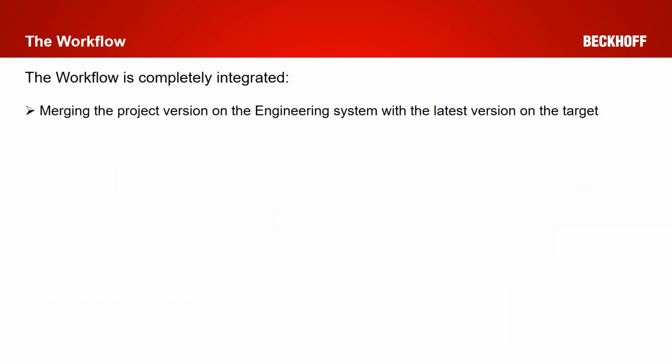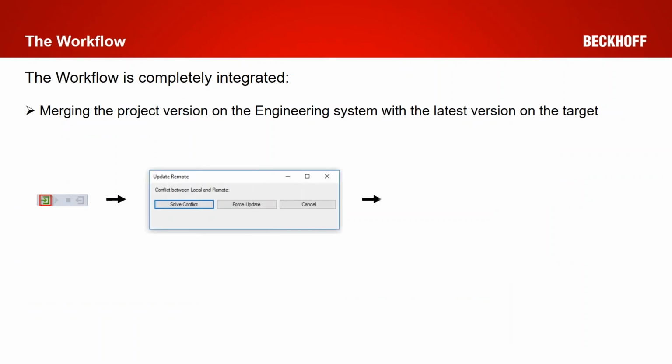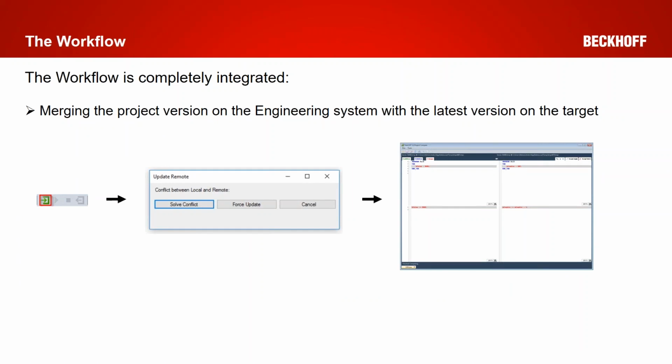And also, if a conflict is detected, same situation: you have done your changes, you would like to log in and you press the login button, then you get an additional dialog asking, would you like to solve the conflict? Would you like to force the update or do nothing? If you decide to solve the conflict, then you get a list of all conflicts and you can merge these conflicts one after another.